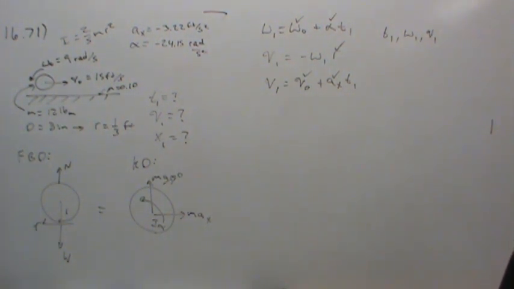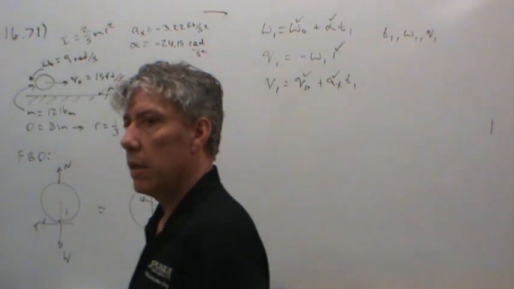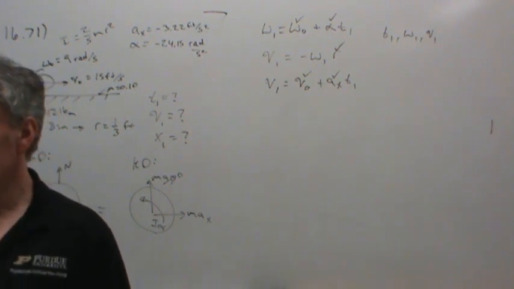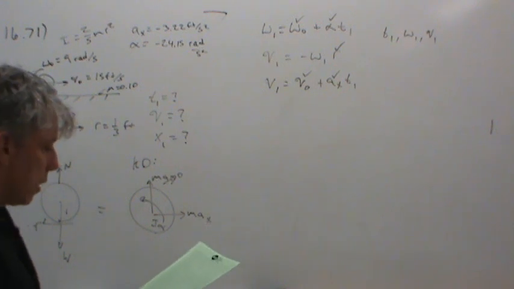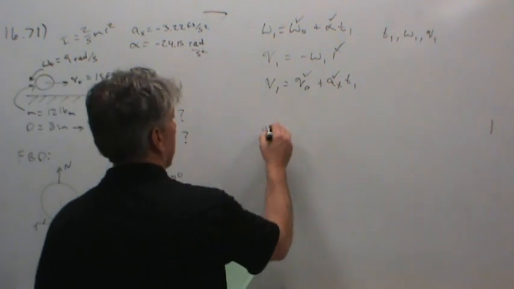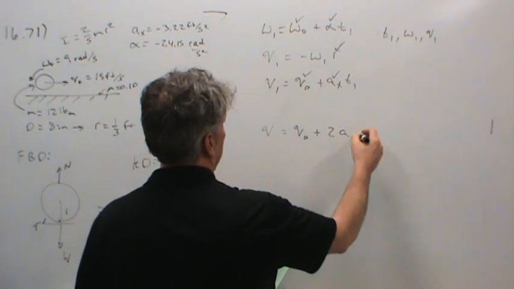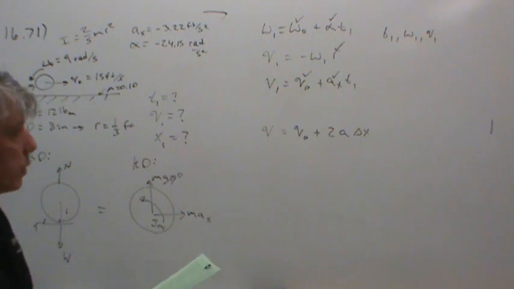When you have accelerations and velocities and you want position instead of time, is there an equation for that? Okay, so we could do that. So we could write v squared equals v naught squared plus 2a delta x. That would work. What else could we do?